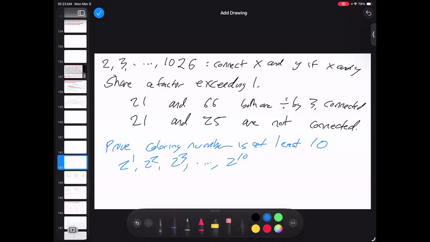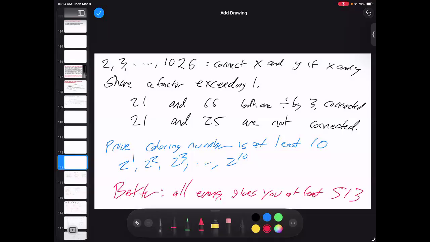Isn't every even number also divisible by 2? Better. All evens gives you at least 513. A lot of students, and I'm the one who proposed the problem, I got confused myself.